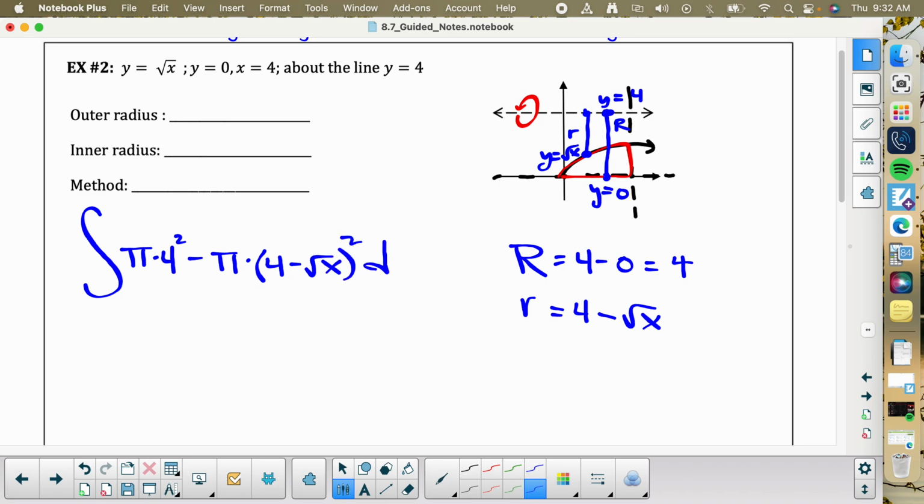Is between the pi and the first 4 a dot or a line? Times pi r squared. I didn't want to write pi 4, even though it's kind of correct.